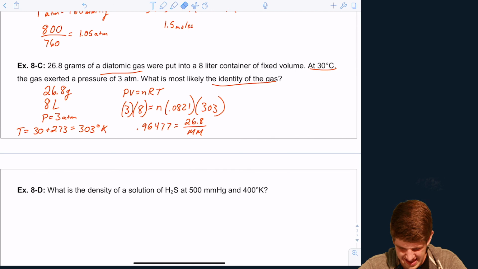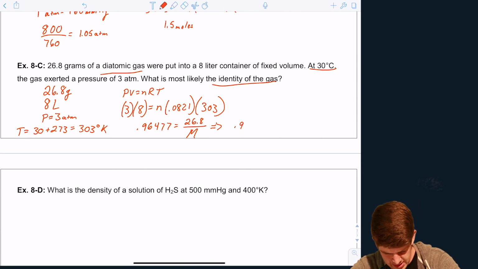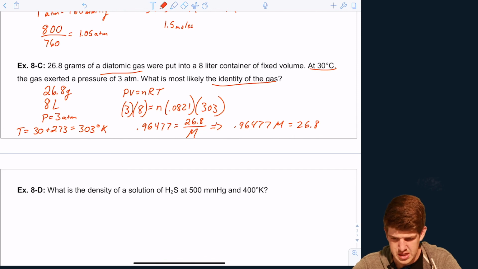I'm sorry, I'll probably not do that unless I've already done it a bunch. This is just equivalent to 0.96477 times M equals 26.8. Dividing 26.8 by 0.96477 is 27.8.